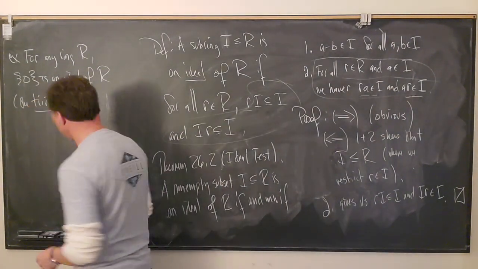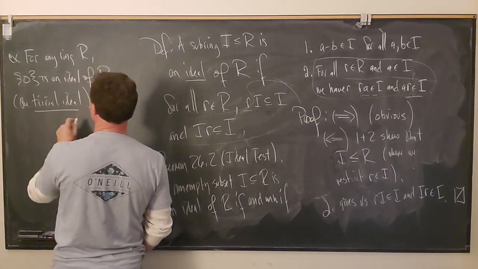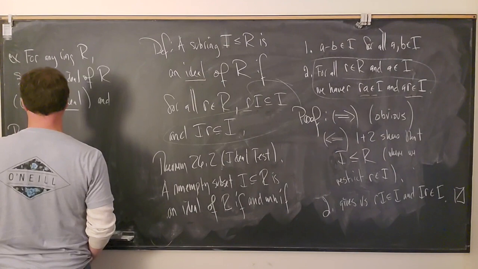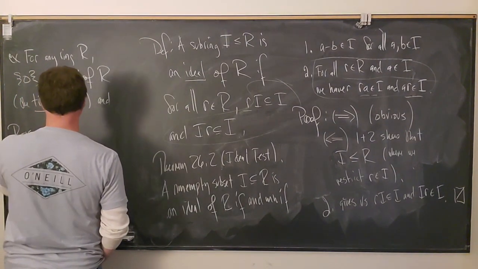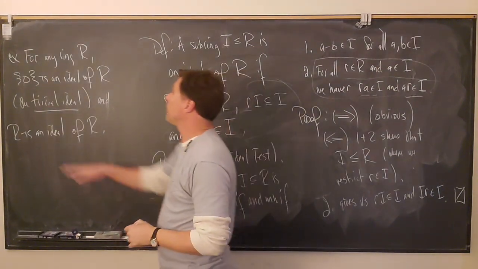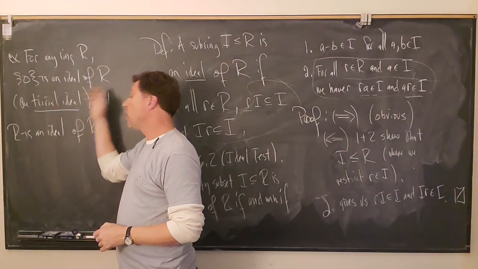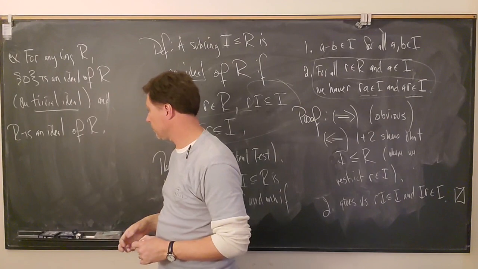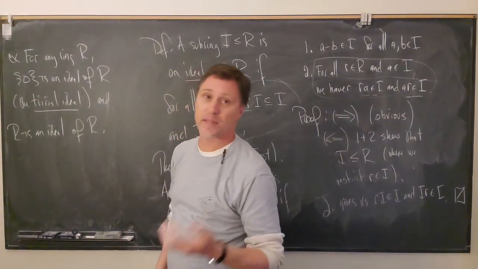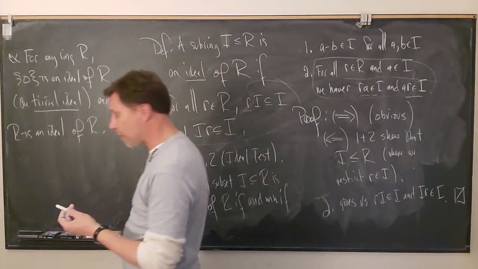Oh, and I guess I should continue. So we could go like this. And also R is an ideal of R, right? So anytime you have a ring, the trivial ideal is an ideal. Also, R is an ideal of itself. In the case that I is an ideal, but it's not equal to R, then of course we call it a proper ideal.